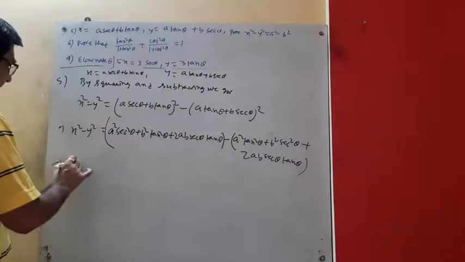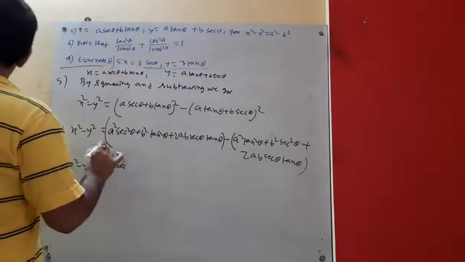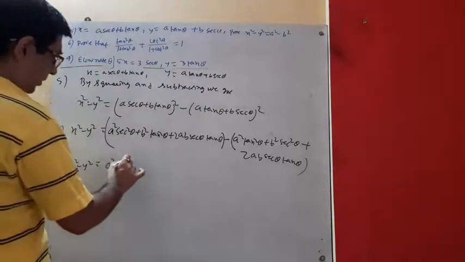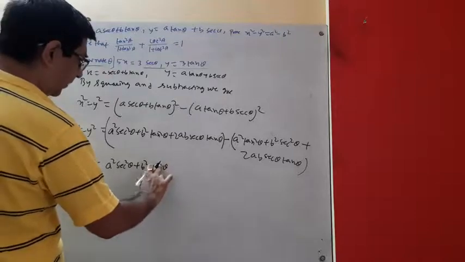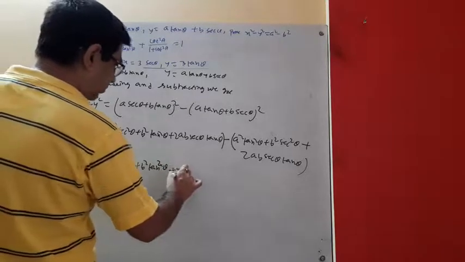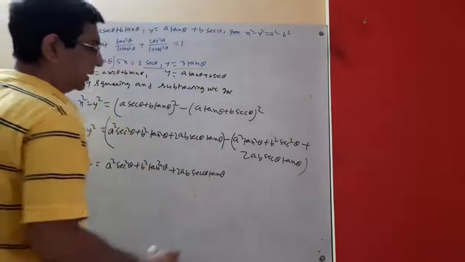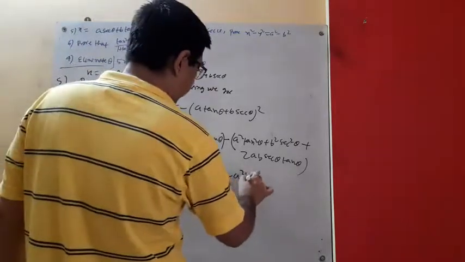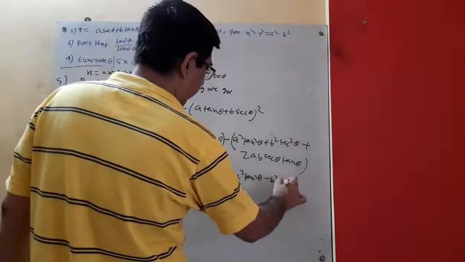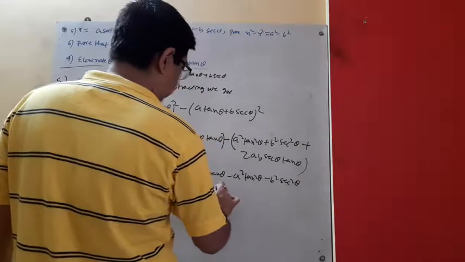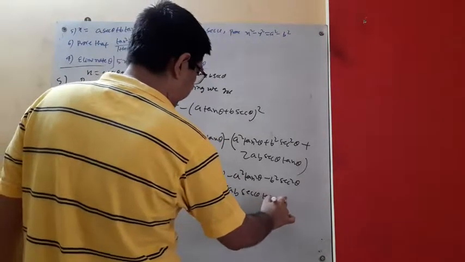So what are we getting? x square minus y square equal to a square sec square theta plus b square tan square theta, right? Plus 2ab sec theta tan theta minus a square tan square theta minus b square sec square theta minus 2ab sec theta tan theta.